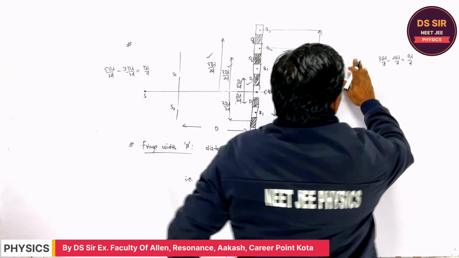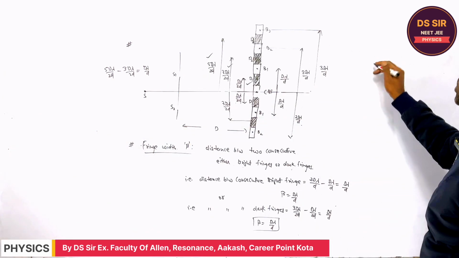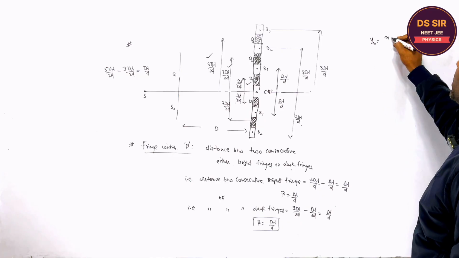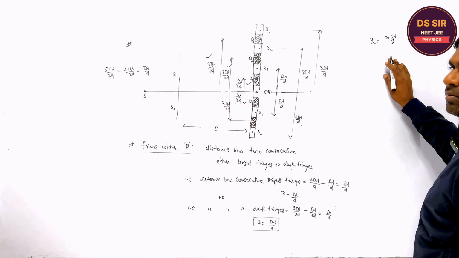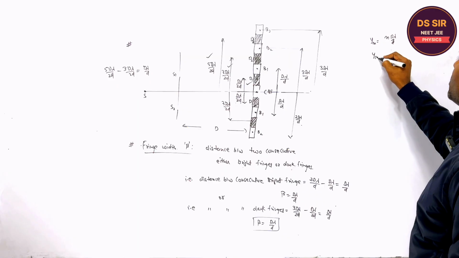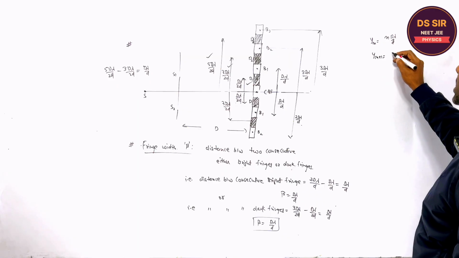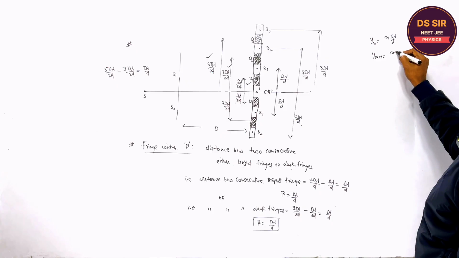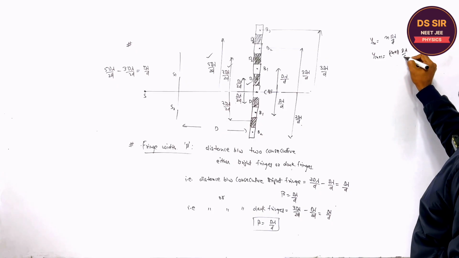Although we have the formula for bright fringes, what is yn? yn is n d lambda over d. And the next bright fringe, n plus 1, is (n plus 1) d lambda over d.